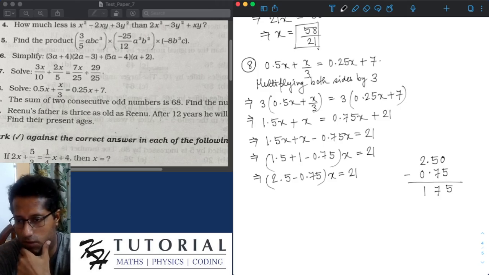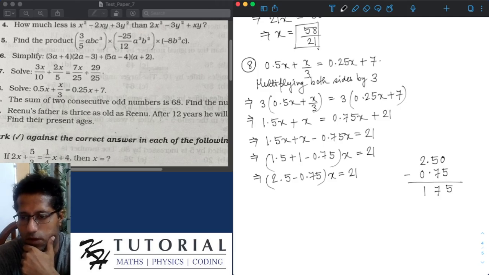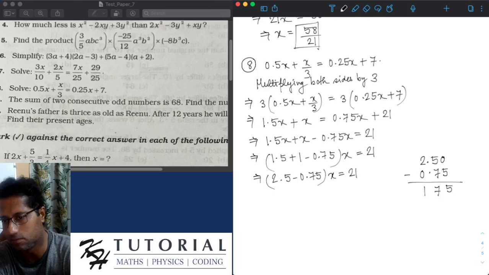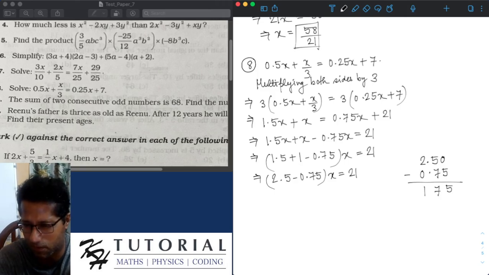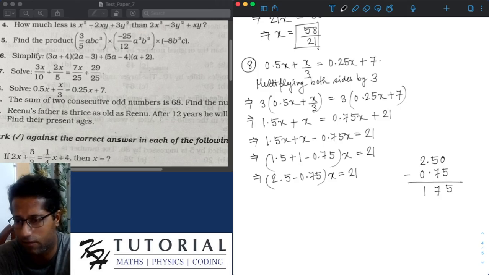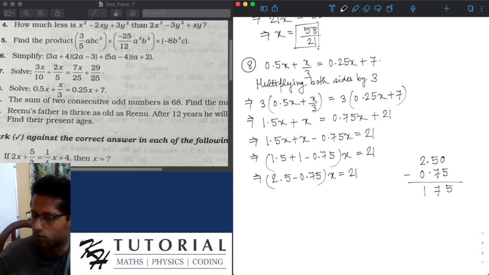Then we write the smaller decimal number, which is 0.75, below the larger one column wise, so that all the digits of the same places are in the same column. Now we do the subtraction, ignoring the decimal point, just like whole numbers. We subtract 75 from 250, which comes out to be 175. Now we have to put the decimal point.